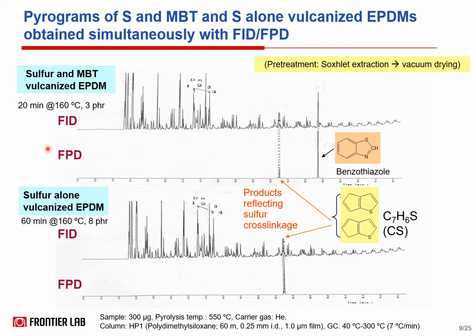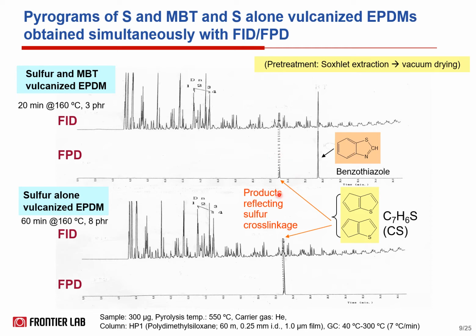Looking at the result, benzothiazole, which is a degradation product of MBT, was also observed on both pyrograms. On the other hand, on the pyrogram of FPD, two decomposition components, we call them CS, reflecting the cross-linked structure of ethylidene norbornene and sulfur were observed.